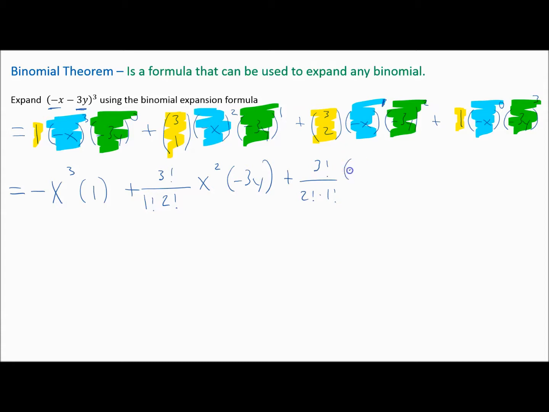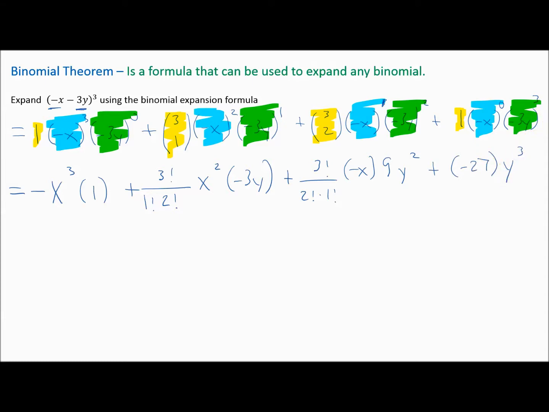Negative x to the first is times negative x. Negative 3y squared, careful here, negative 3 squared is 9. Y squared is y squared. Okay? Plus, now, anything to the 0 is 1 times 1, so that's still 1. And we raise negative 3 to the third, which is actually negative 27. And y to the third is y to the third.